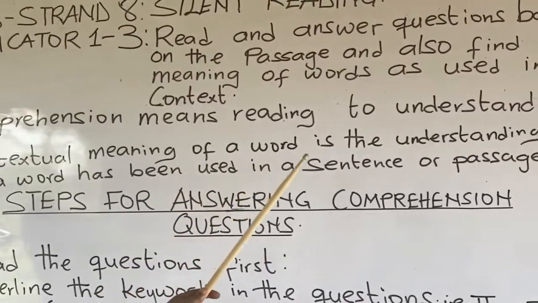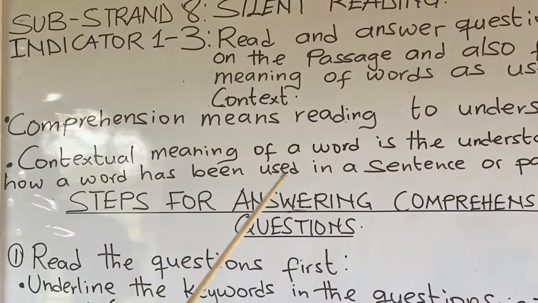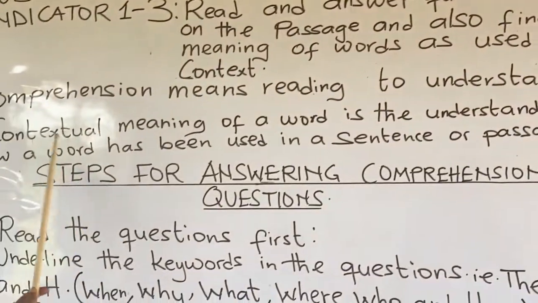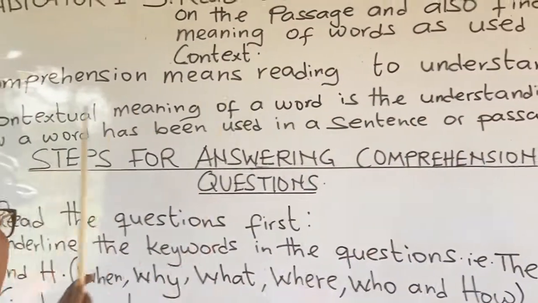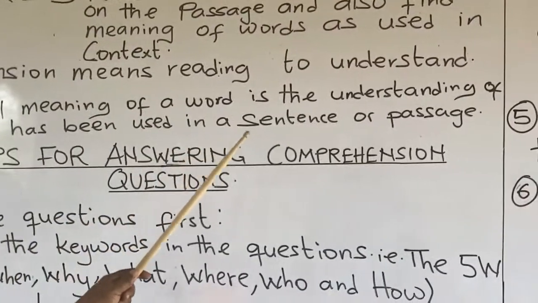Contextual meaning of a word is the understanding of how a word has been used in a sentence or passage.